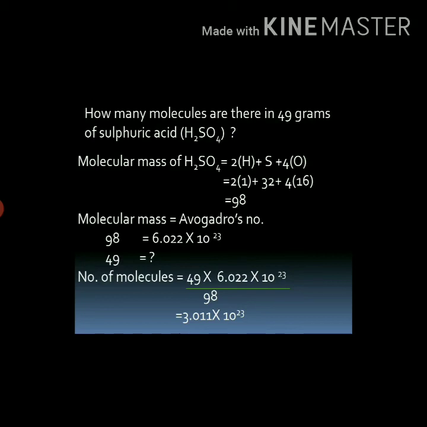So when molecular mass is 98, Avogadro's number is 6.022 into 10 raised to 23. So if the mass is 49, the number of molecules will be 49 into 6.022 into 10 raised to 23 upon 98. 49 ones are 49, 49 twos are 98. So it is 6.022 into 10 raised to 23 divided by 2. That comes to 3.011 into 10 raised to 23 molecules.